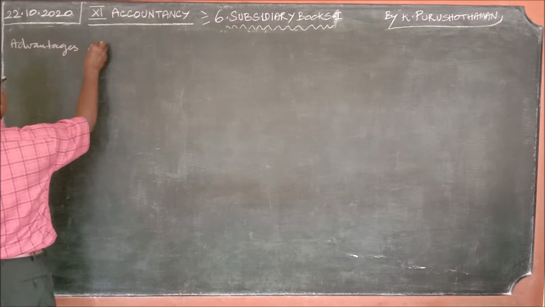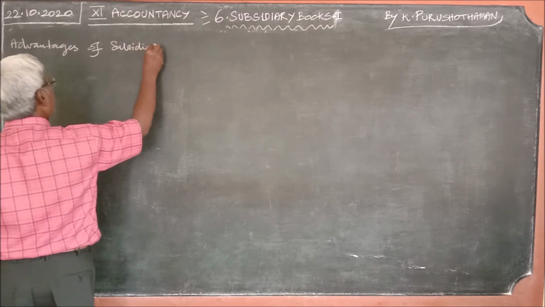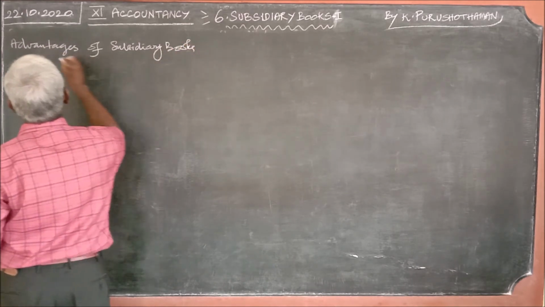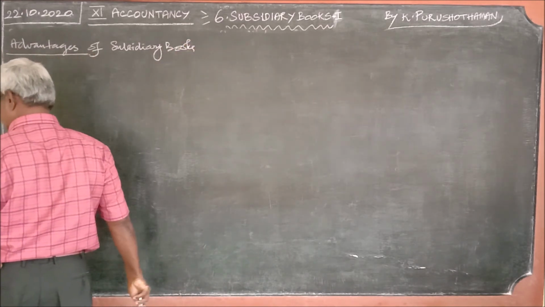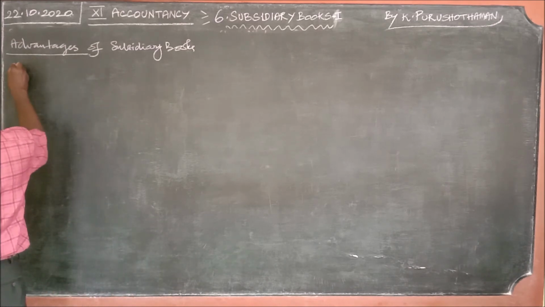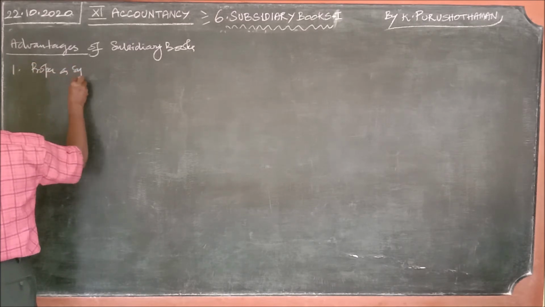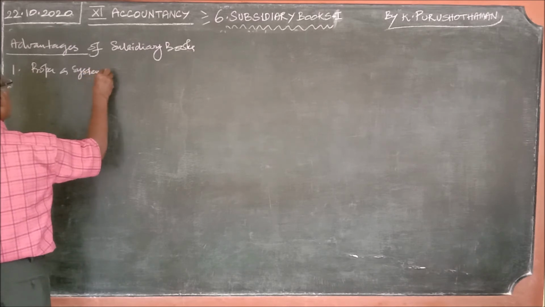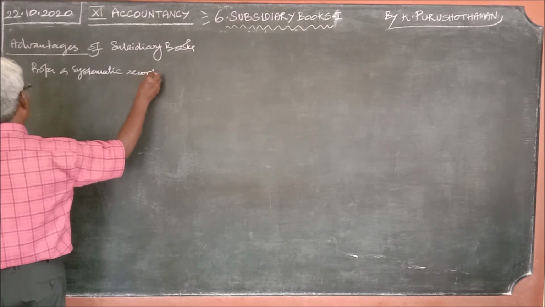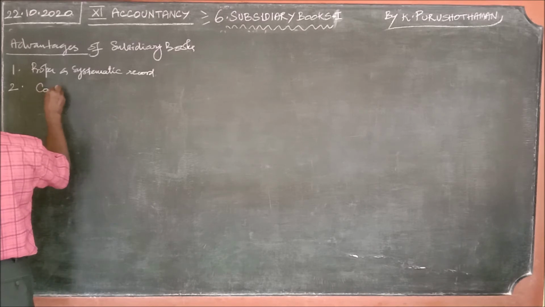What are the advantages of subsidiary books? Advantages. Number 1, it is proper and systematic record. I shall explain once again. Proper and systematic record. Number 2, convenient for posting.